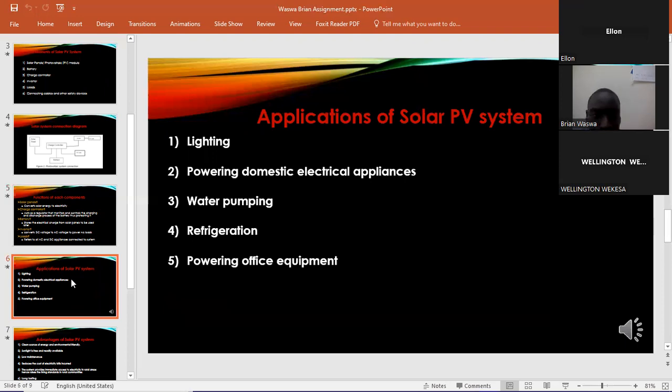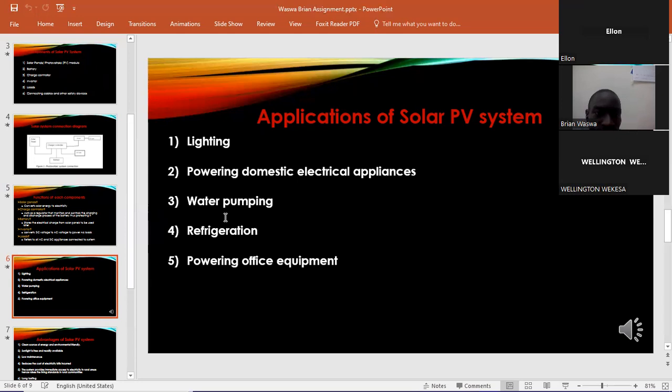In the next section, we look at the applications of solar PV system, and here we have 5, but there are more. The first application of solar PV system is lighting. This is mostly used in homes where we need lighting.